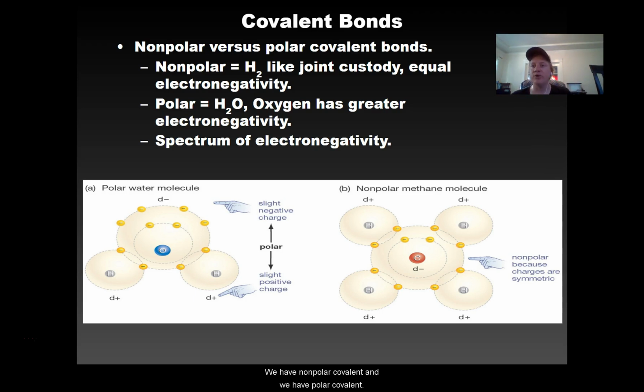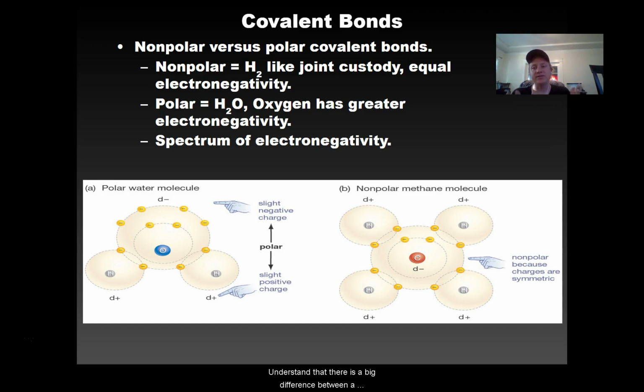We have nonpolar covalent and we have polar covalent. And the reason we're talking about this within the scope of biology is because this is going to affect hugely the behavior of these molecules. Whether or not something is polar or nonpolar is a really big deal, as we're going to find out later on in the semester. So be cognizant of this.